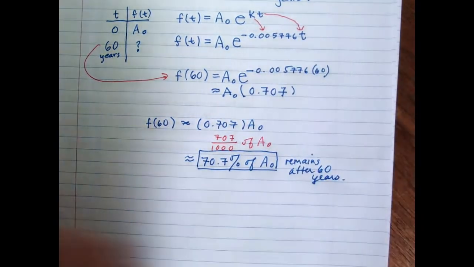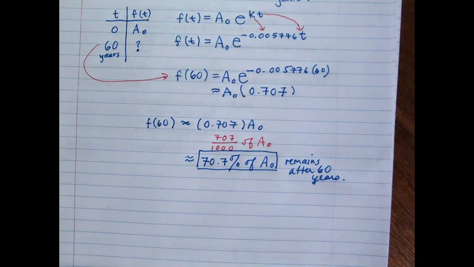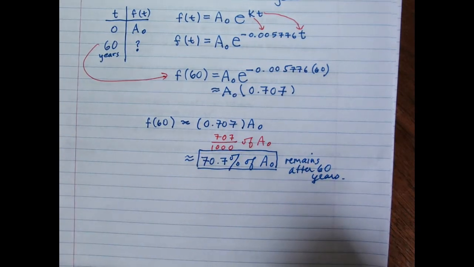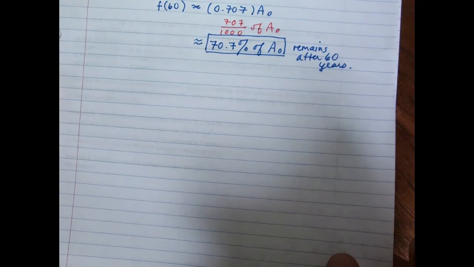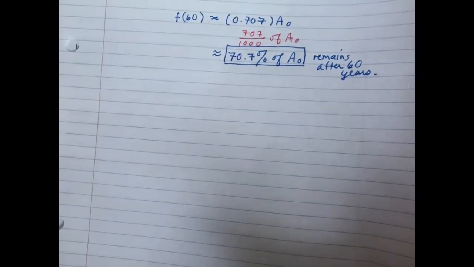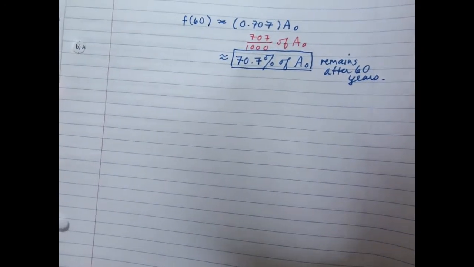And you could even word that answer without A0. You could say 70.7% of the original amount remains after 60 years. So that's true no matter how much the initial amount is. That's the percentage of the initial amount that's going to be there.